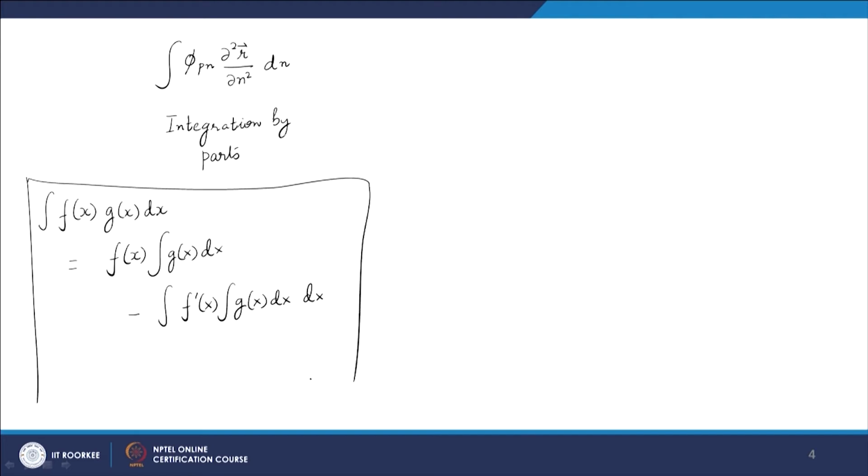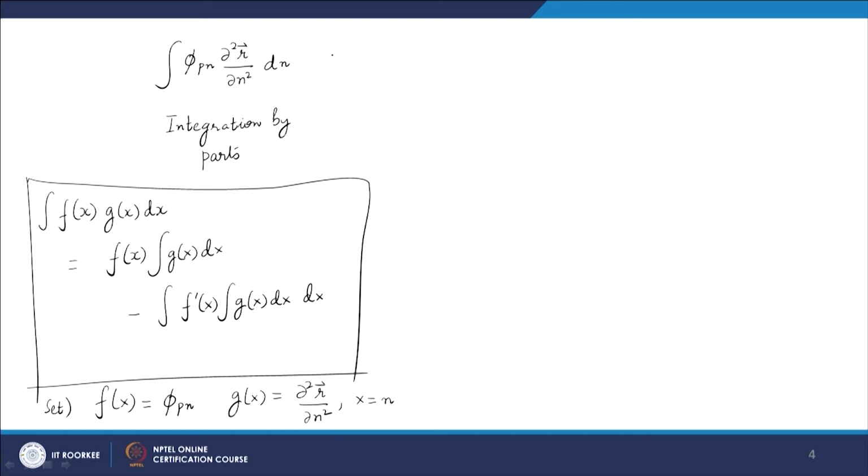So, this is the rule I am going to use here, where I set f of x is equal to phi of Pn and g of x as my second derivative of r with respect to n. So, now, and of course, x in our case is n.